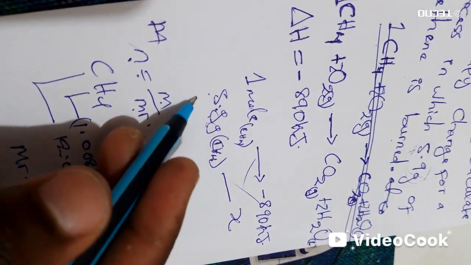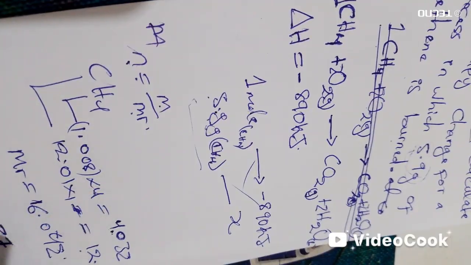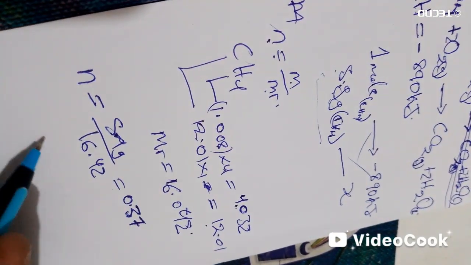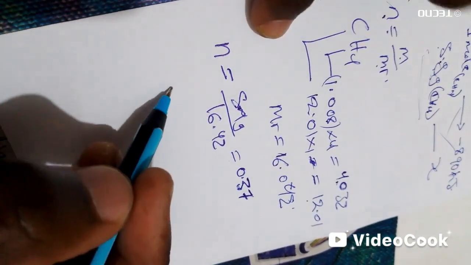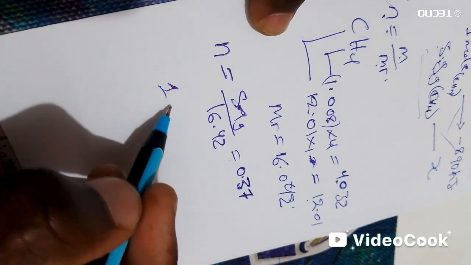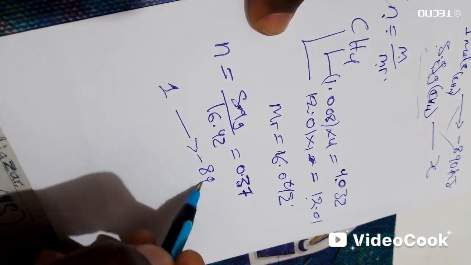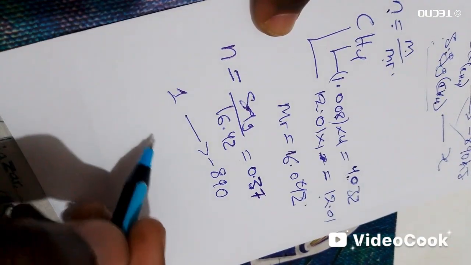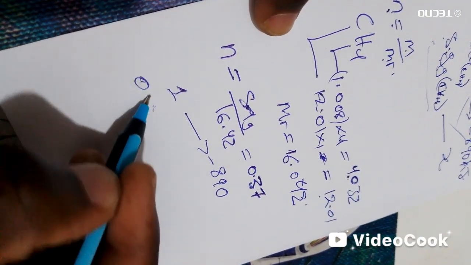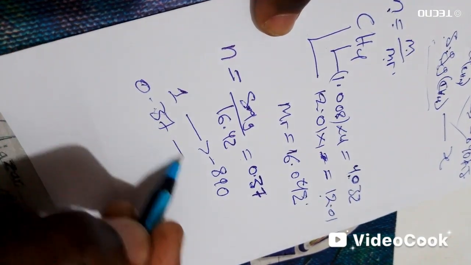So now I go back to my equation. I have to put in that here there's 0.37 moles. So we say that 1 mole is giving us negative 890 kilojoules. So what about the 0.37? How is it going to give us?